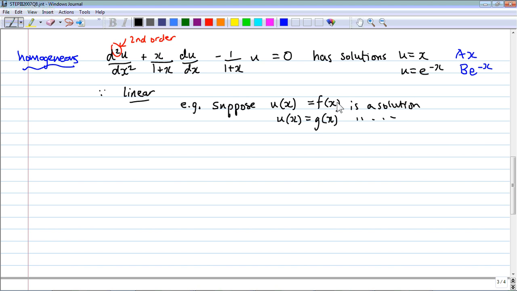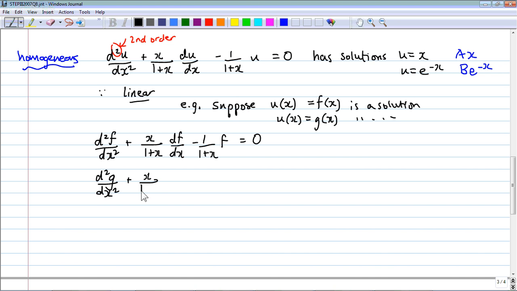Well, if u(x) equals f(x) is a solution, then it's true that d2f by dx squared plus x over 1 plus x df by dx minus 1 over 1 plus x f equals 0, and it's also true that d2g by dx squared plus x over 1 plus x dg by dx minus 1 over 1 plus x g equals 0. So those two are both true.